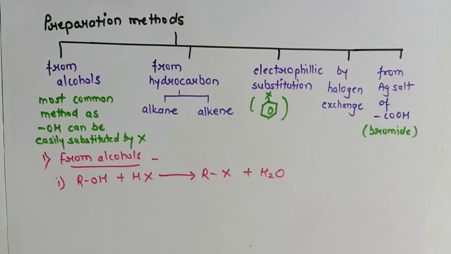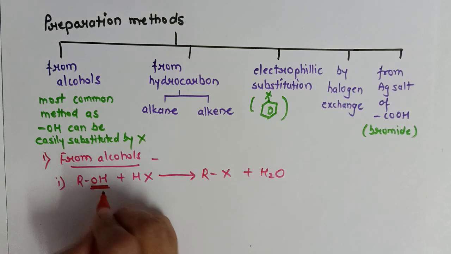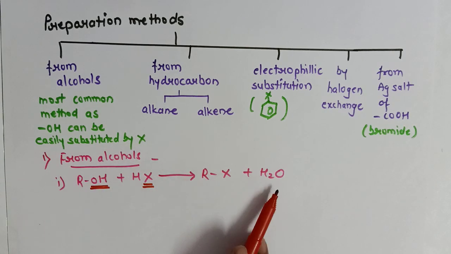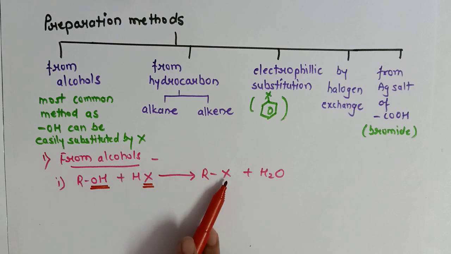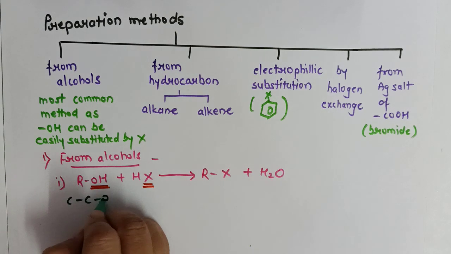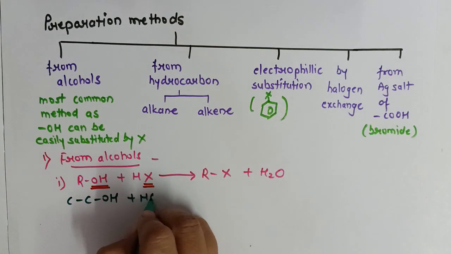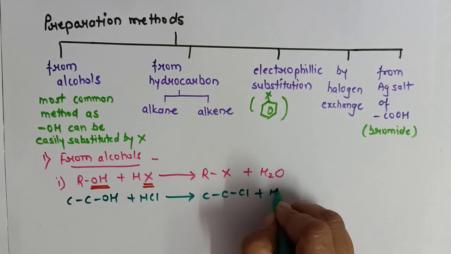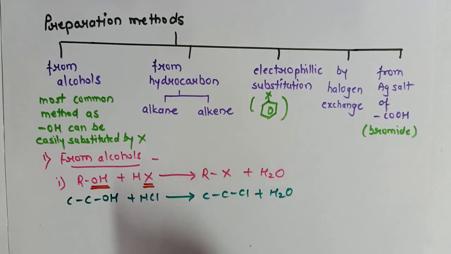As we can easily see, the OH group gets substituted by halogen, and therefore this OH and H combine and give water, whereas the remaining part gives us haloalkane. Now if I take the simplest example, ethanol when treated with hydrogen halide gives us chloroethane along with water.